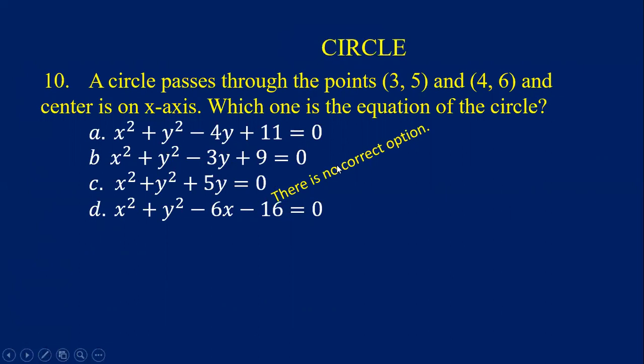In this question, there is no correct option, so we will have a correction on this. The circle passes through the points (3, 5) and (4, 6), and the center is on the x-axis. So how to do it? We are asked to find the equation of the circle.